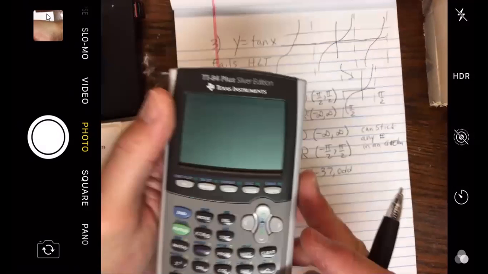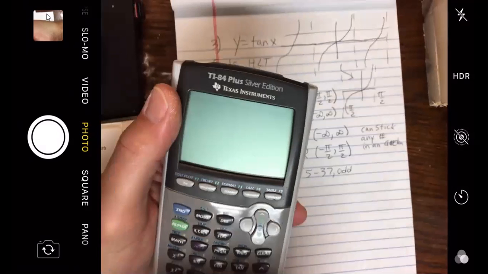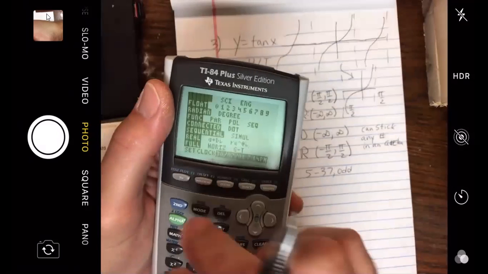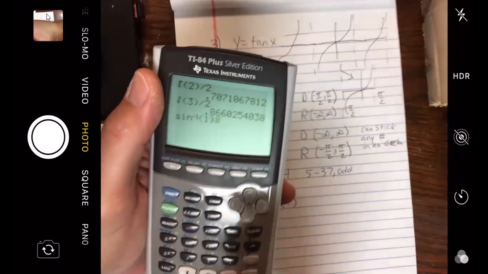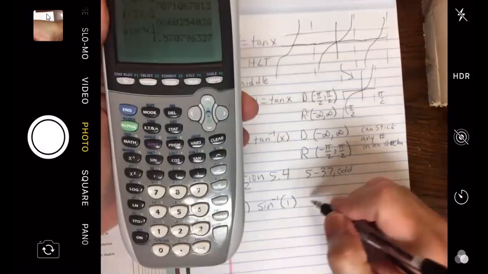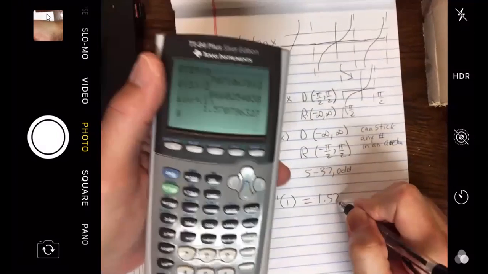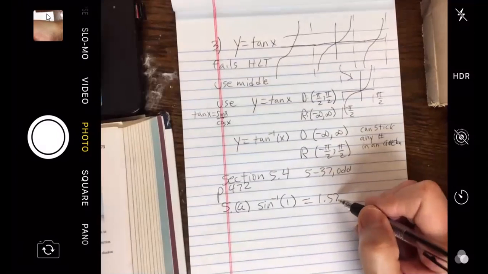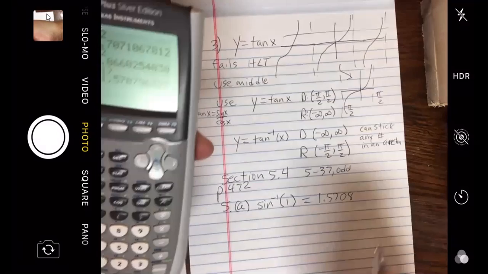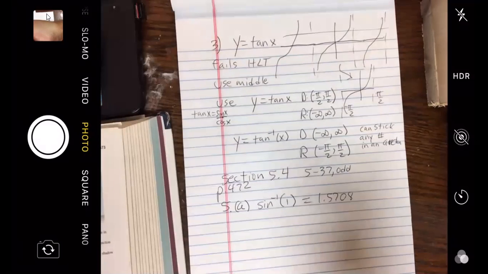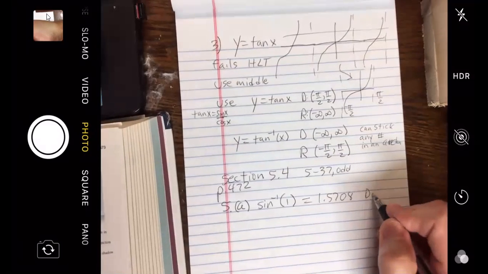They said express your answer in radians. I'm sure it's still in radian mode. Second sine is what gives you the arc sine of 1, and you're getting 1.57. You see how many places? Express your answer in radians. Now I'm supposed to find that answer exactly. This is the decimal approximation.